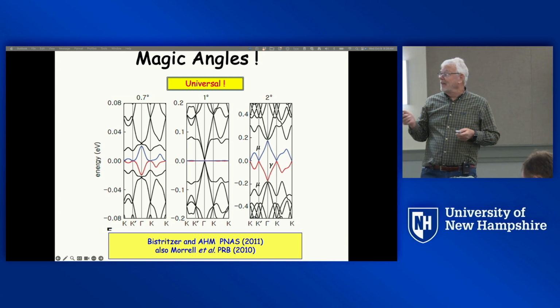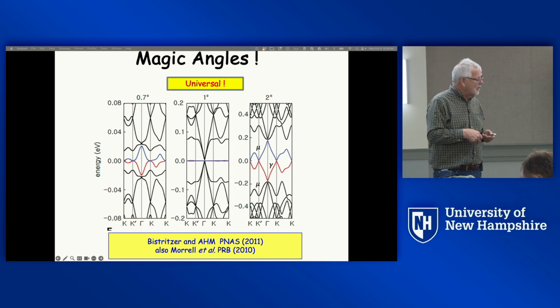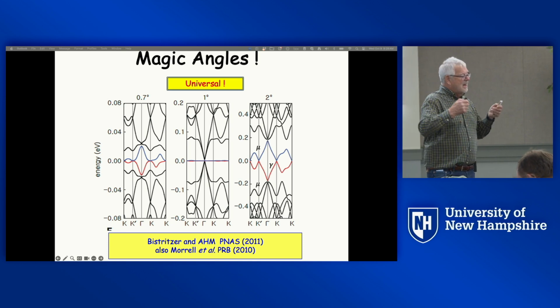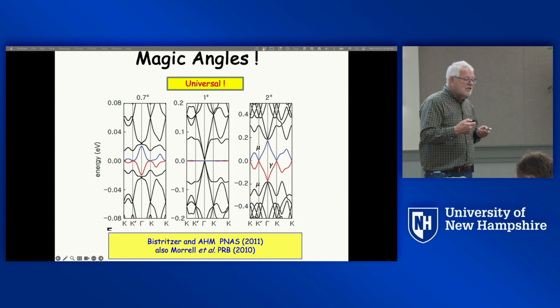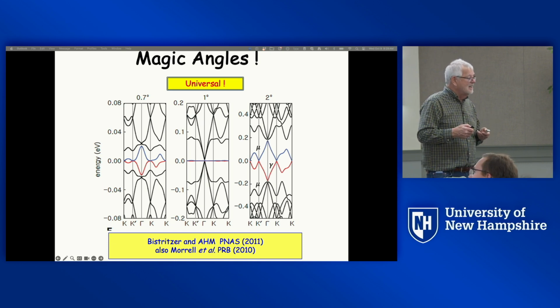If you have a large twist angle, that means the Moiré period is short, you change momentum by a lot. And in graphene, low energy states are present only in a small region of momentum space. So basically, when you go to large twist angles, coupling between the layers doesn't matter.